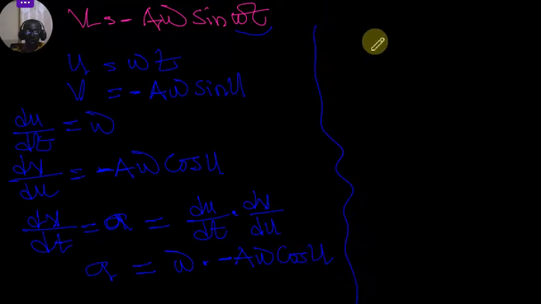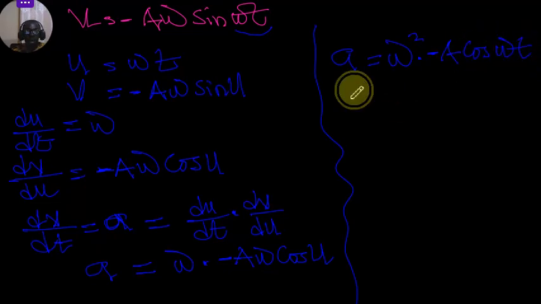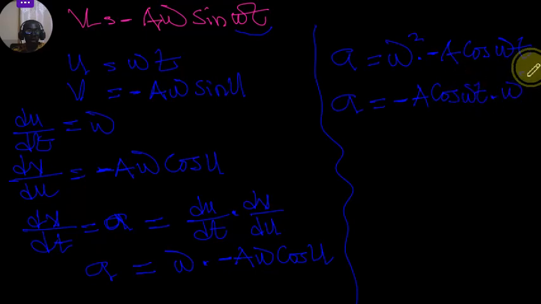So if you bring this here now, that means a becomes omega squared, and there's still minus a cosine of u. Now u is omega t. So acceleration here now becomes, bring the a forward, minus a cos omega t, everything still multiplied by omega squared.